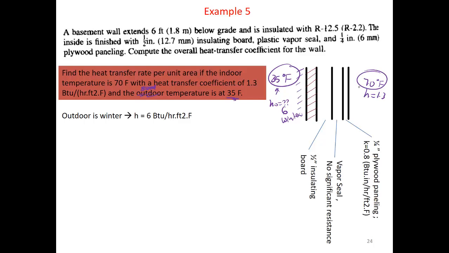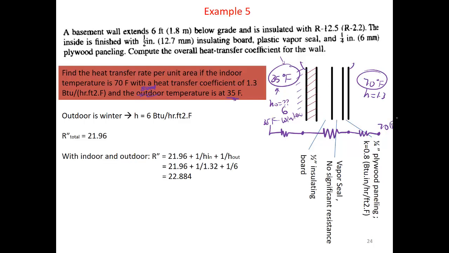That H is 1.3. So to use that equation, because I only have those temperatures, I don't have the temperatures here, we'll have to use between this whole thing, which we already found, and the indoor. This is 70 and this is 35 Fahrenheit. So we'll have to find the two resistances. We already found our total for the wall.